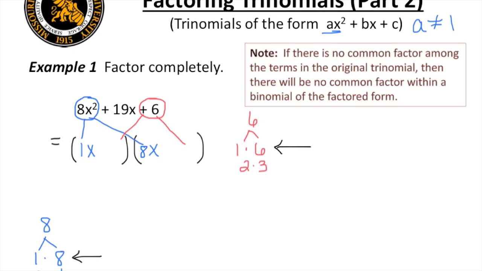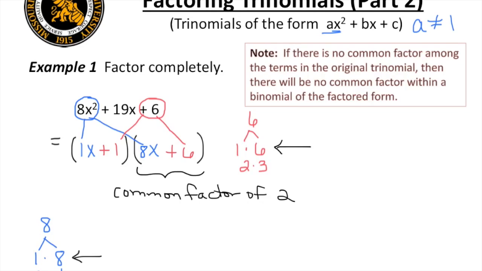So let's suppose that we place plus 1 in the first binomial and plus 6 in the second. I know straight away that there is a problem, because now I notice in the second binomial the two terms have a common factor of 2.